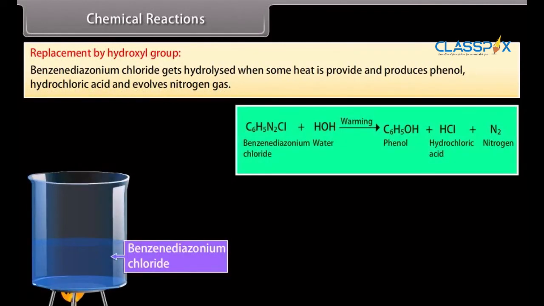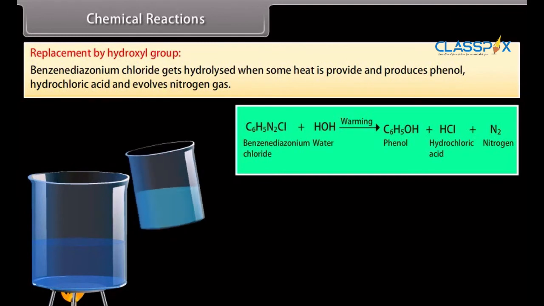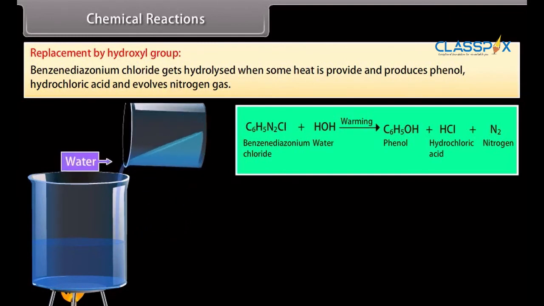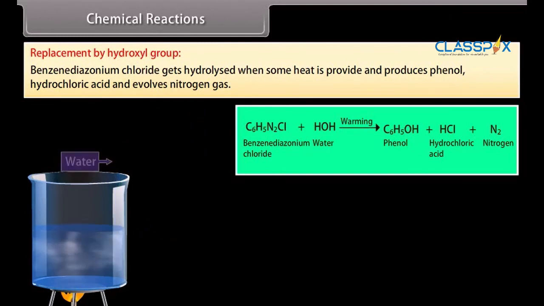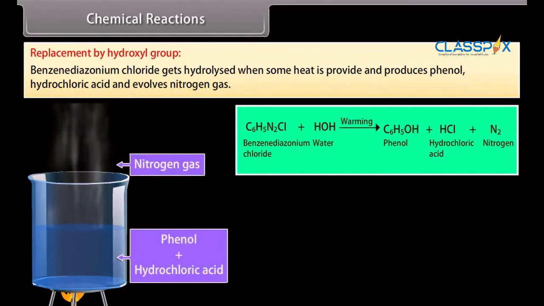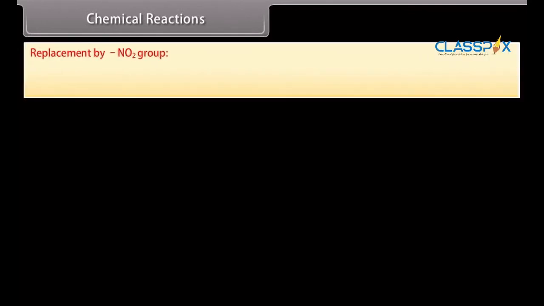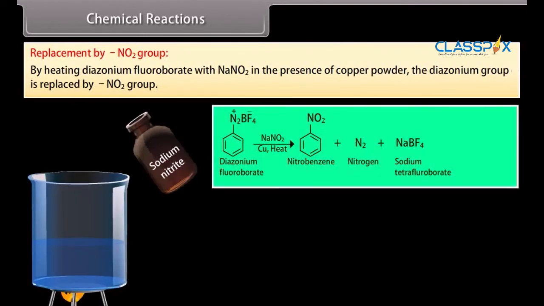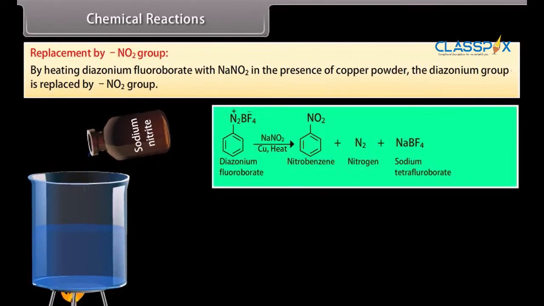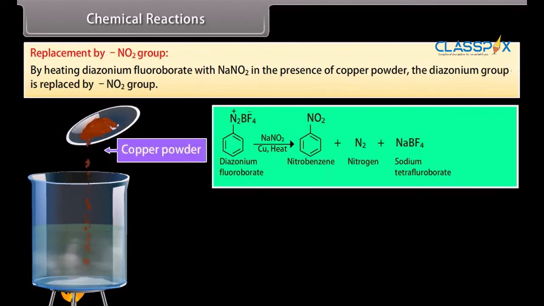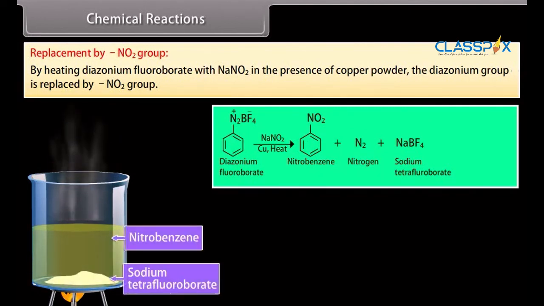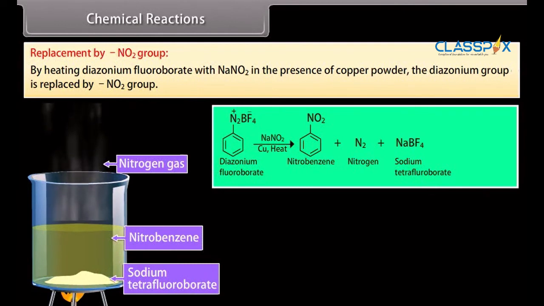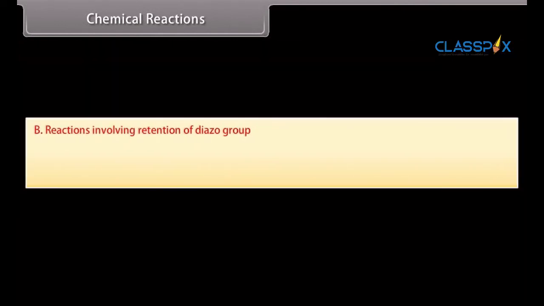Benzene diazonium chloride gets hydrolyzed when heat is provided and produces phenol, hydrochloric acid and evolves nitrogen gas. Replacement by nitro group. By heating diazonium fluoroborate with sodium nitrite in the presence of copper powder, the diazonium group is replaced by nitro group.